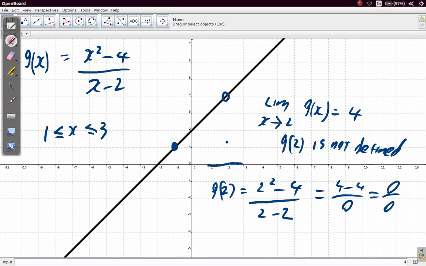Because you have crossed x equals 2. The fact is, the function is continuous for x between 4 and 6, because there is no point of discontinuity between 4 and 6. However, there is a point of discontinuity between 1 and 3. Alright, so we see that this function is not continuous for all values of x. We're going to look at a third function, but in a separate video.